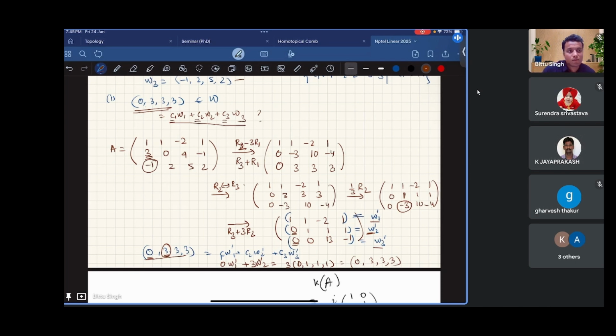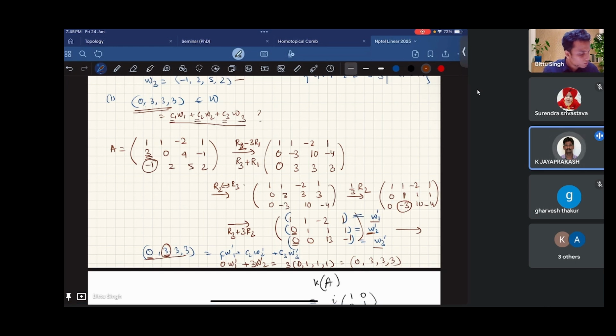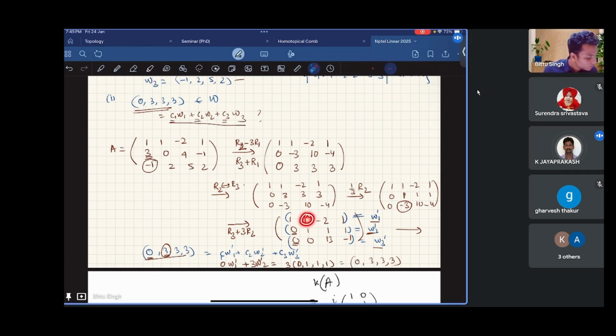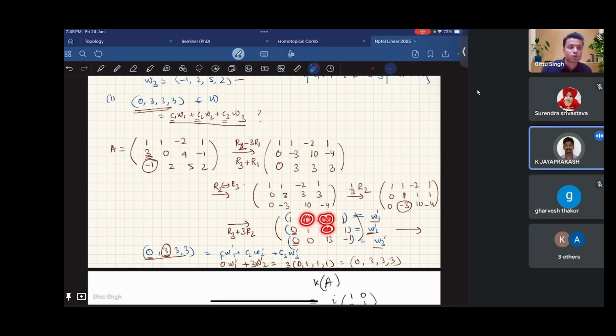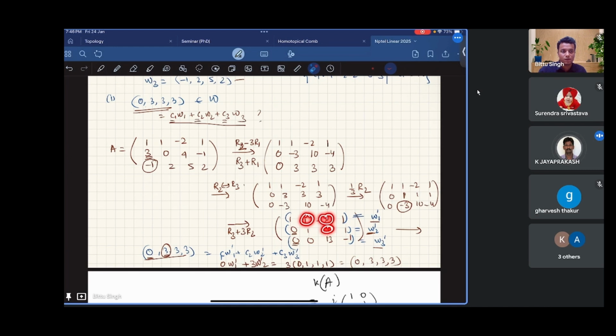So what are the steps? You just perform row operations. I have stopped here, but it is better to produce the row reduced echelon form. Then it will be easier to see, because in that case the entries above the pivots will be 0, so you only need to check those combinations. Is it clear?